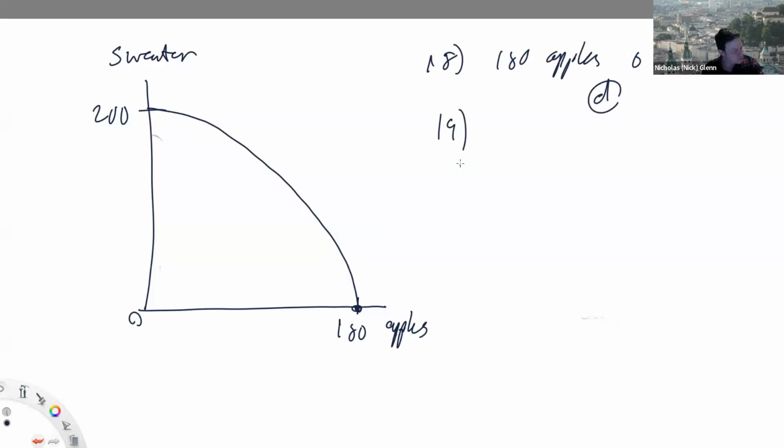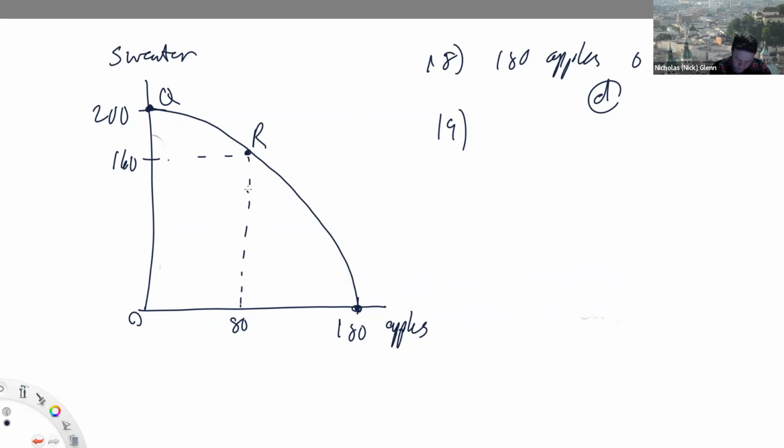All right, 19. So refer to figure 1. Is it possible for the economy to produce? All right, so we have these different numbers here. I need to fill in some additional dots here. So Q is at 200 sweaters, 0 apples. We have R. At R, you can produce 160 sweaters, 80 apples.